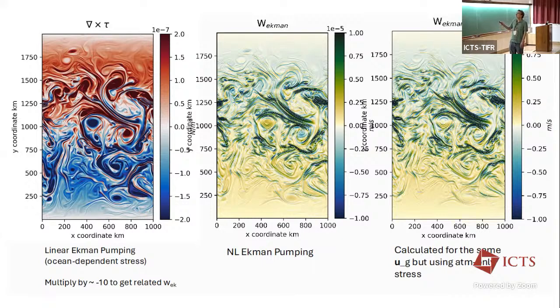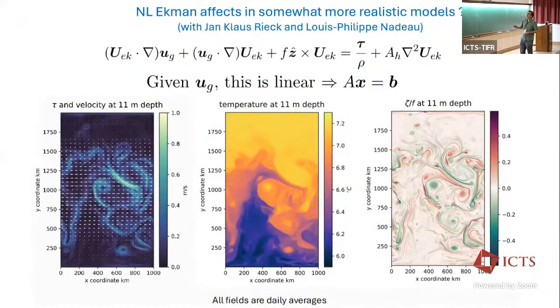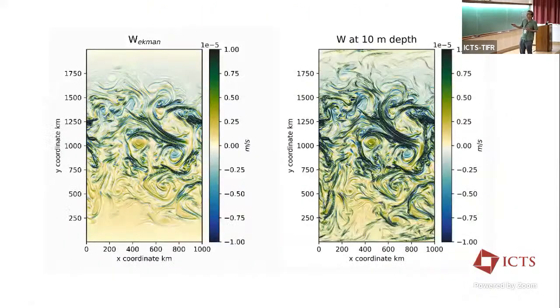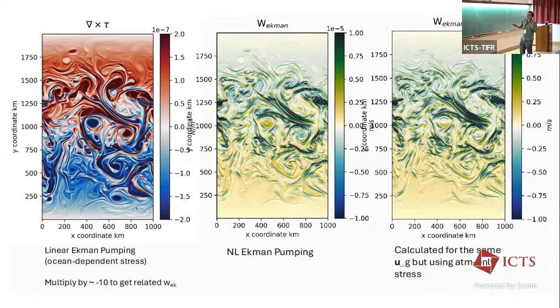The one here uses the same U and V, but when I went to solve my Ekman equations, instead of using the ocean velocity dependence in tau, I took it out, right? I just used tau assuming it didn't depend on the ocean velocity, but the currents were the same.